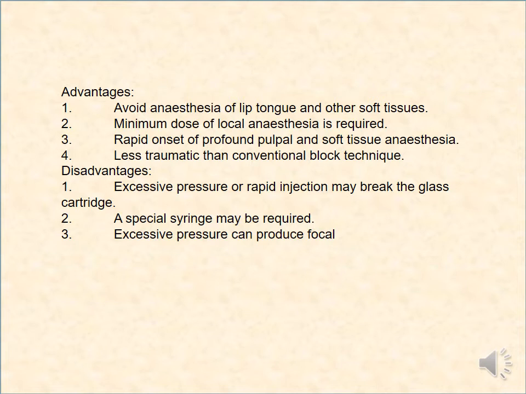When we give the periodontal ligament injection, we know the space is very narrow, so excessive pressure with a rapid injection may push the solution outside the periodontal ligament, or the syringe cartridge may break. In an ordinary dental syringe, use a breech-loading metallic aspirating or non-aspirating syringe.